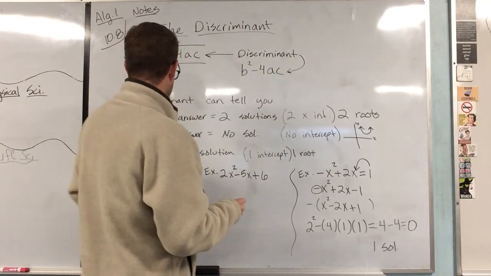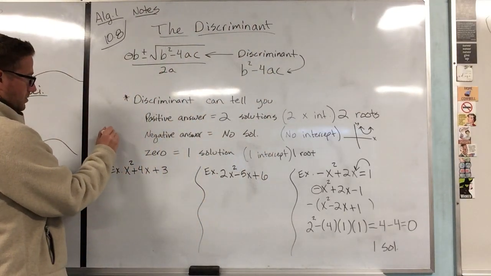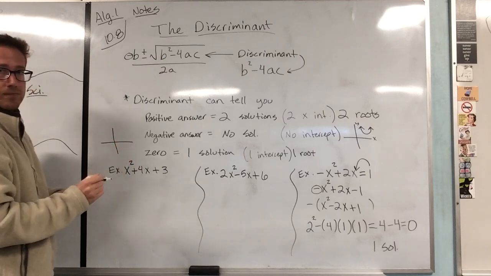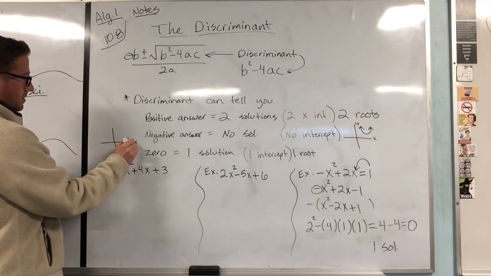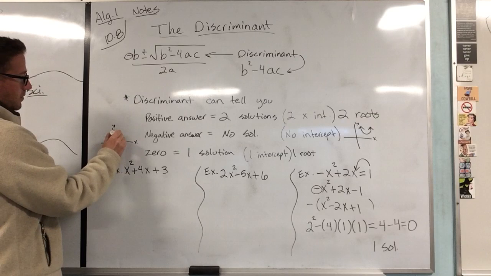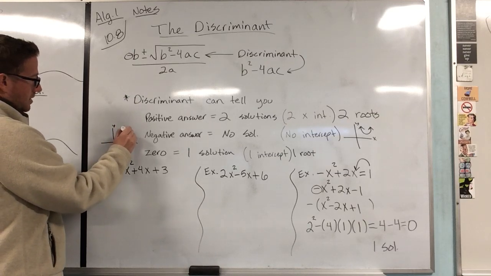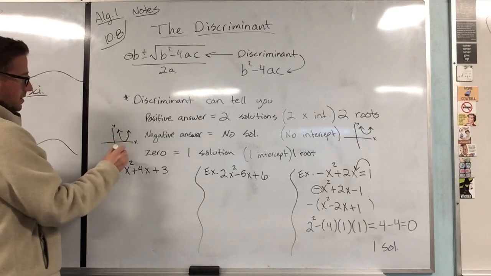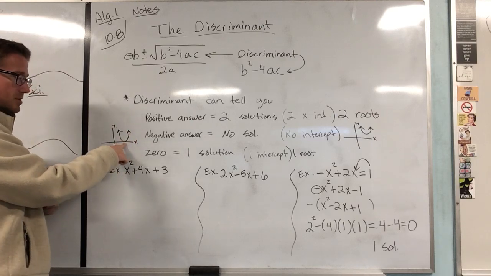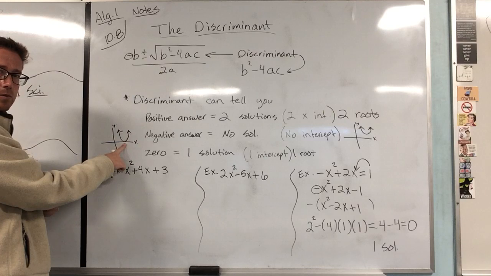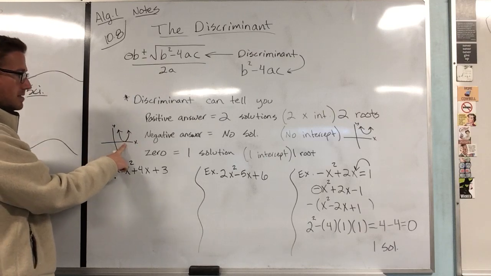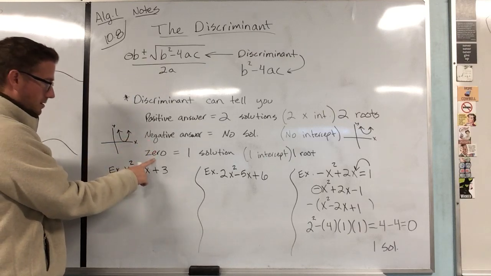If I were to draw a little picture off to the side over here, here's your x, here's your y. That would be a parabola that goes right there and touches the x-axis and then comes up. So you see how it just touches the x-axis one time right there. That's if your discriminant is 0.